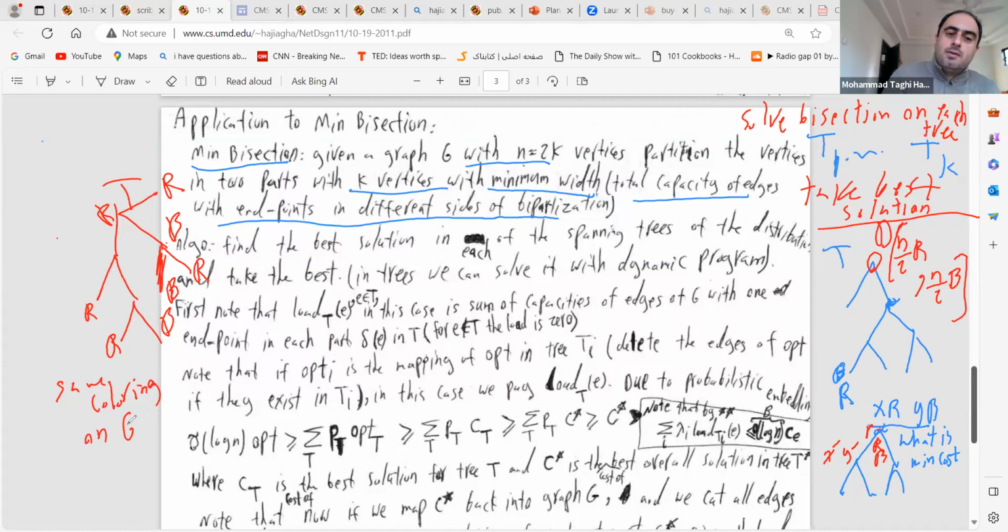Now, what can I say? I can say that the cost on G is at most the cost on T. Why? Because you are cutting some edges essentially. So these are the edges in between, correct?